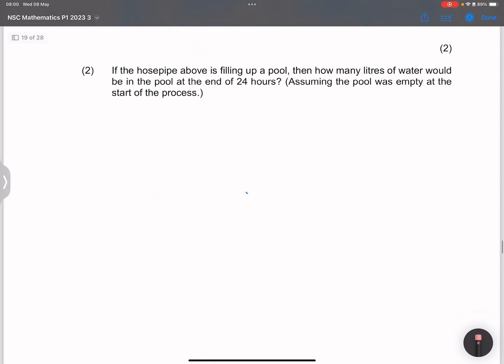But now I'm going to take the sum of that. To get the amount of liters in the pool in 24 hours, that would be the sum of the liters that have been filling up. It's going to be A into Rn minus 1 divided by R minus 1.